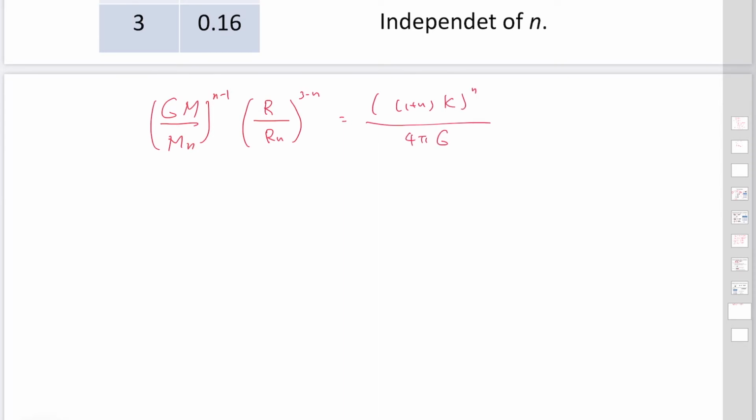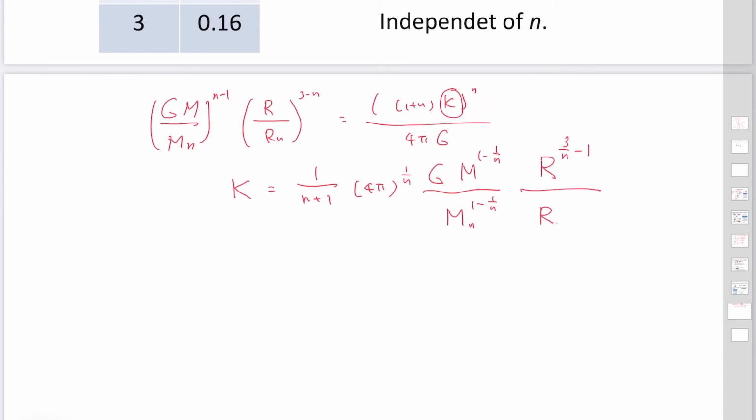So from the last equations, GM over M sub n to the n minus 1 and then R over R sub n to the 3 minus n equals 1 plus n K to the n over 4 pi G. So from this equation you can express K equals 1 over n plus 1, 4 pi to the 1 over n, G M to the 1 minus 1 over n over M sub n to the 1 minus 1 over n, times R to the 3 over n minus 1 over R sub n to the 3 over n minus 1.